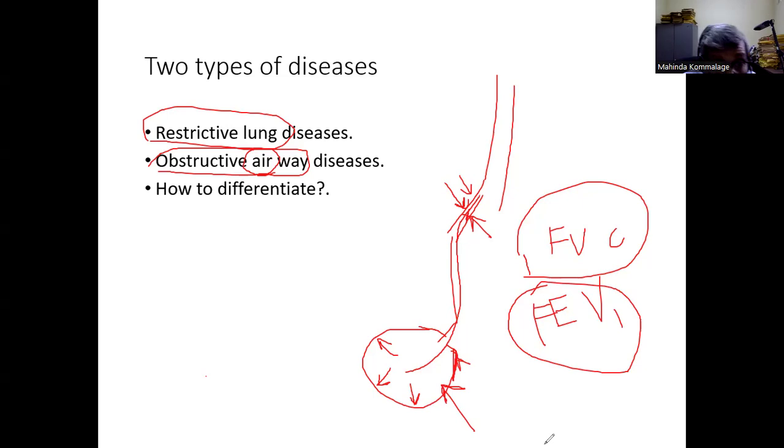So in obstructive airway disease, which one, the first one or the second one, will be affected more? Second one. Why? Yes, you are correct. Why?